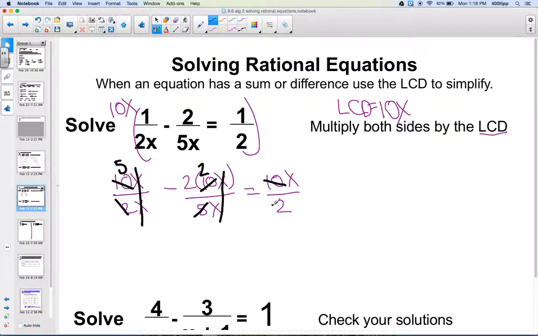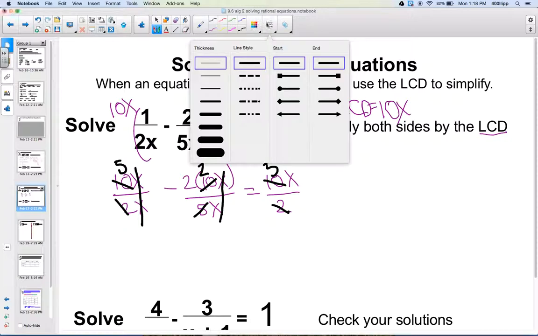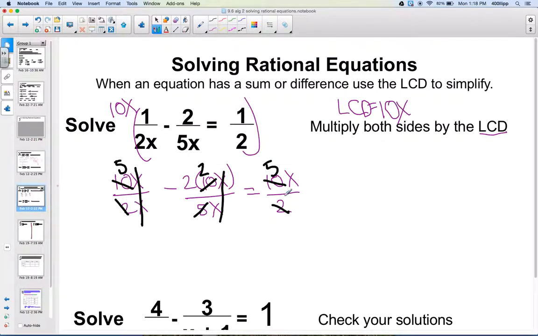And 10 over 2 here is a 5. So now writing what we have left, we'll see that there are no more denominators. They all canceled out. And now I'm left with 5 minus 2 times 2, which is 4, equal to 5x. 5 minus 4 is a 1, which is equal to 5x.